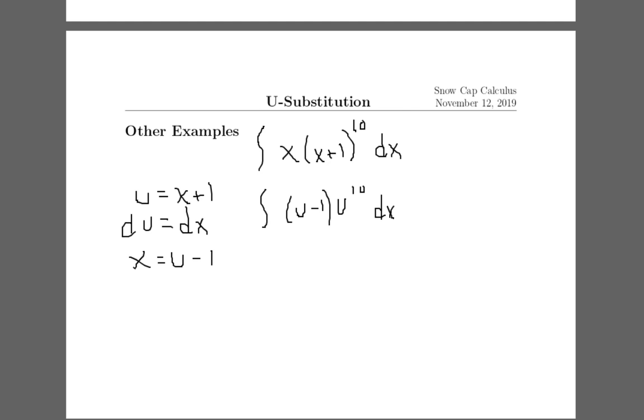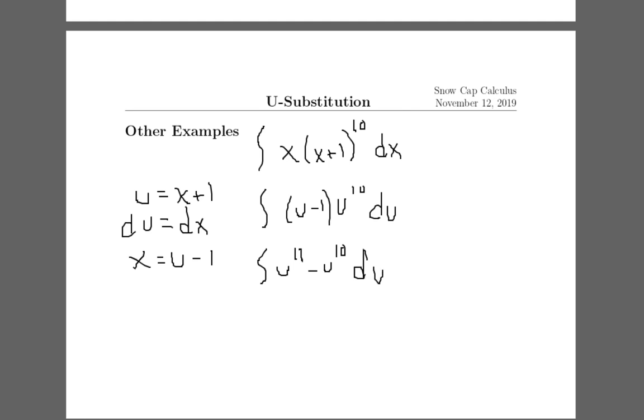And then you would just multiply that out, so you get the integral of u to the 11th minus u to the 10th. Oops, that shouldn't be dx, that should be du. In this case they are equal, but I do want to be careful with that. So that's du.